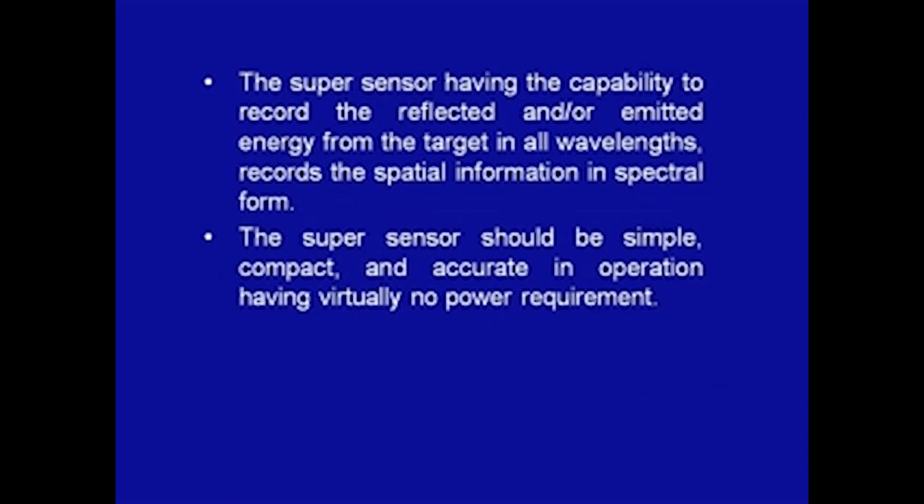The super sensor, having the capability to record the reflected and or emitted energy from the target in all the wavelengths, records the spatial information in spectral form. The super sensor should be simple, compact and accurate in operation, having virtually no power requirements.